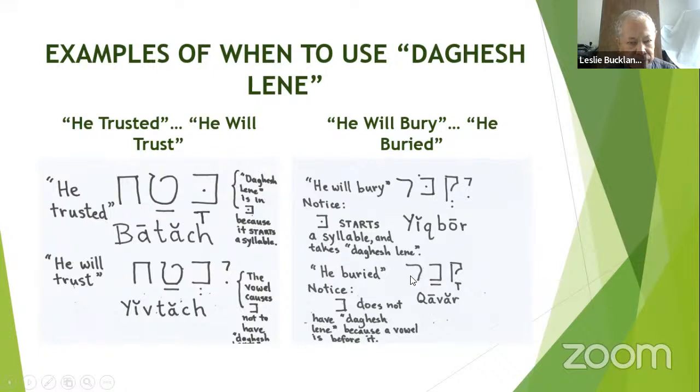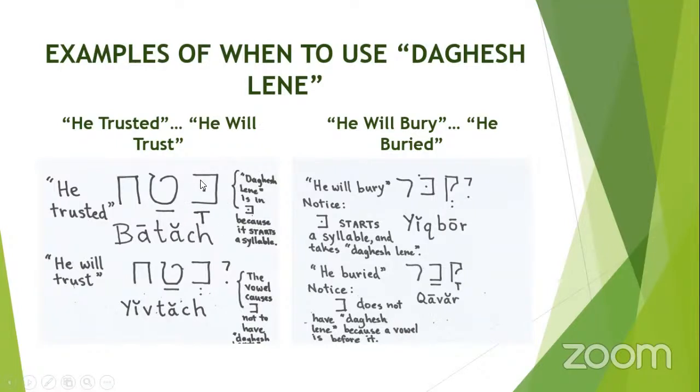Repeat that sentence, sir. Okay. There are two conditions in which Dagesh Lene can be put in this consonant, Beth. It must start a syllable, either at the beginning of a word, like Batak.